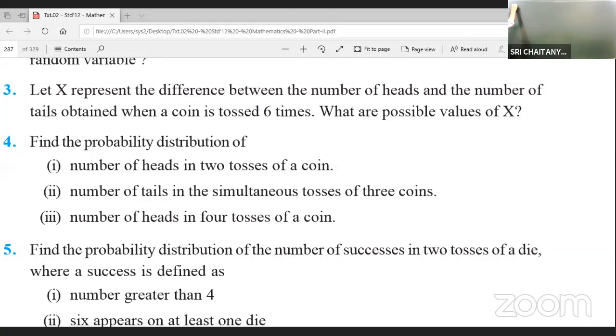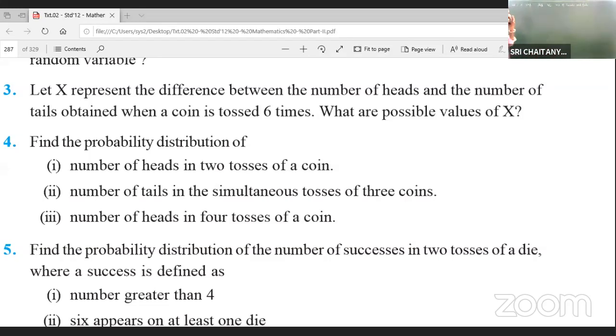Let X represent the difference between the number of heads and tails. It varies.